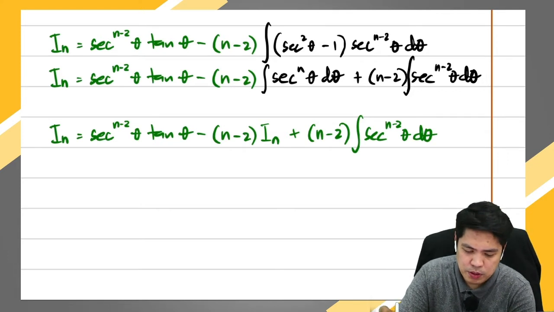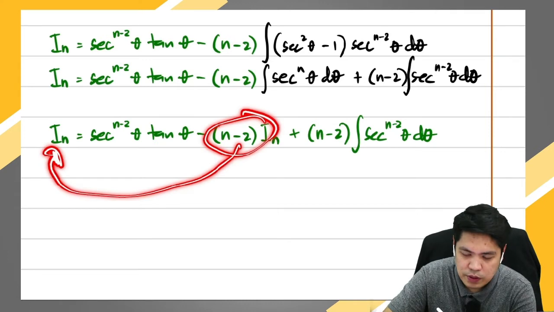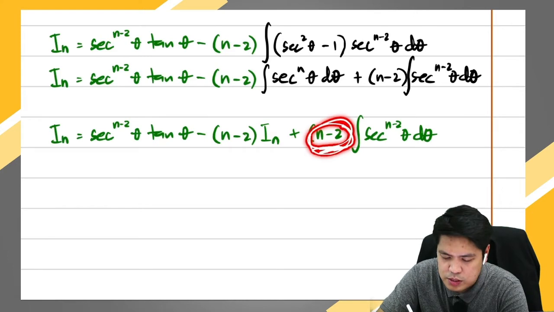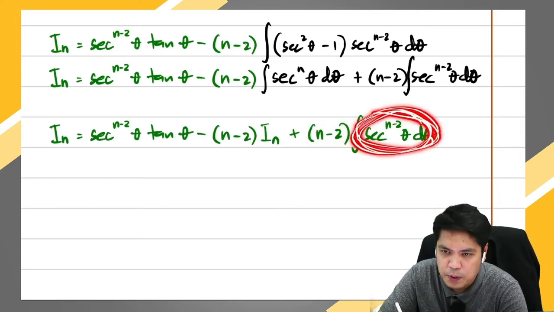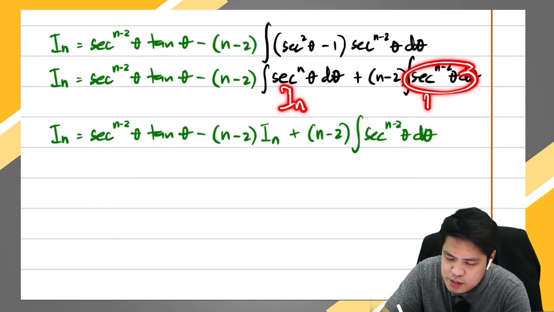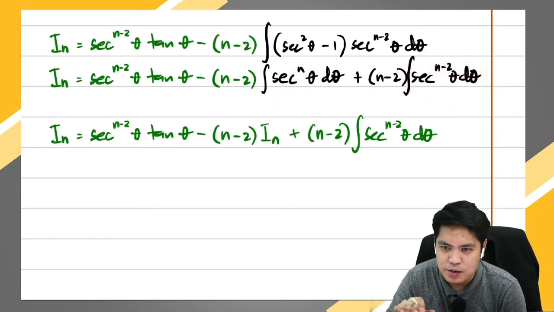Okay, what will happen here now? Of course, we can combine this here, right? But what will happen to this? It's n minus 2, this is a constant, times this. So, ano yung pwede natin i-generalize dito? If this is I sub n, of course, this is I sub n minus 2, right? Kasi eto siya, exponent niya dito is n minus 2 na.